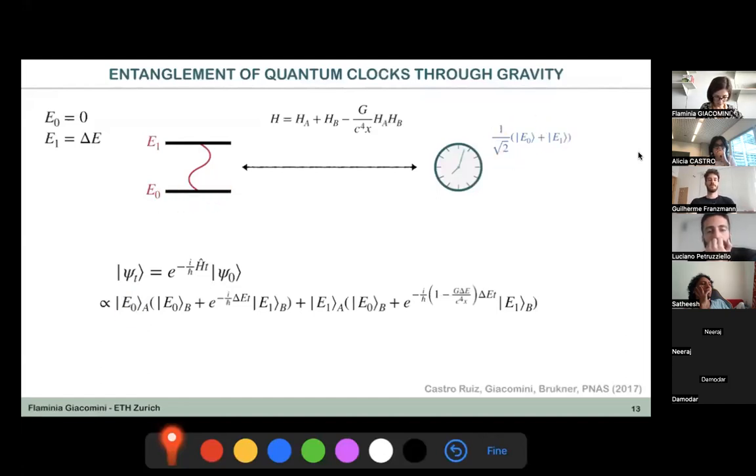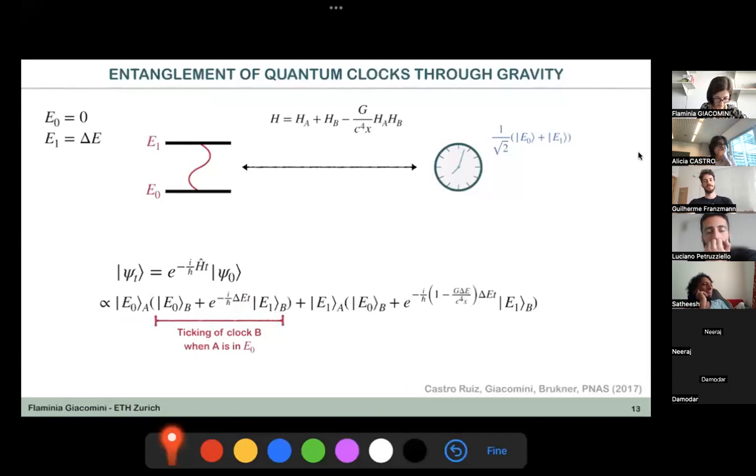Then this clock here evolves according to its Hamiltonian and the interaction term. Remember that we are setting E0 for simplicity equal to 0 here. So this will just evolve according to HB, because HA, when applied to E0, will be 0. So this term will not contribute. And so this is just the ticking of clock B when A is in E0.